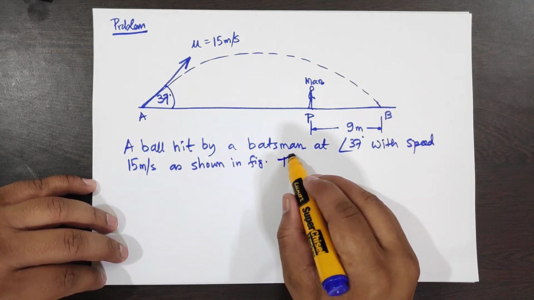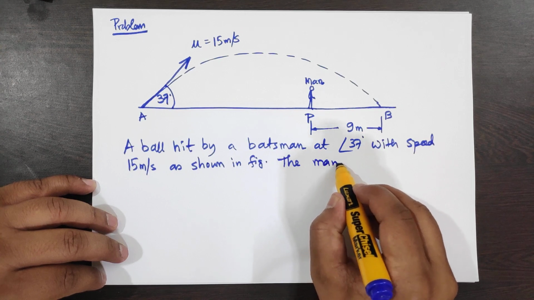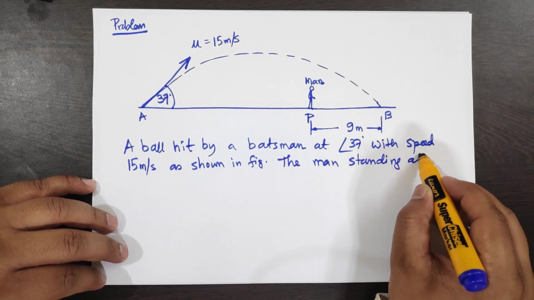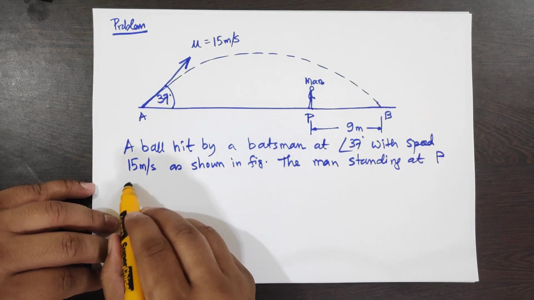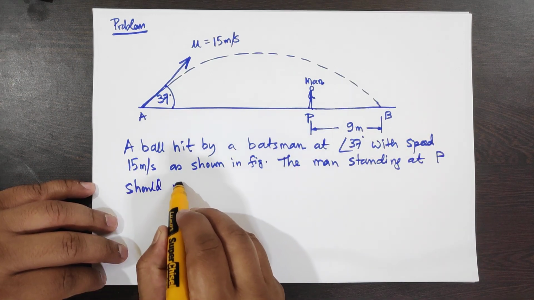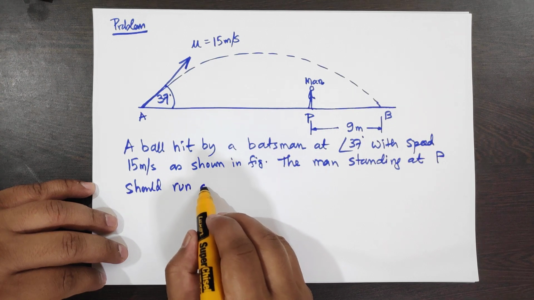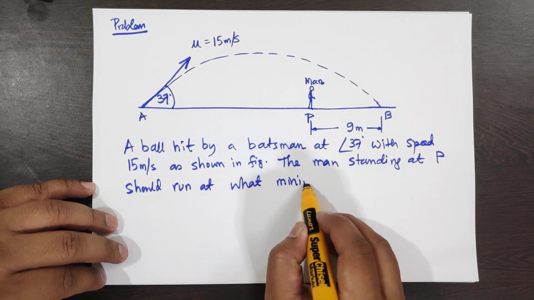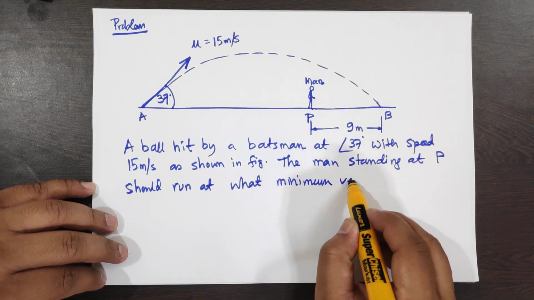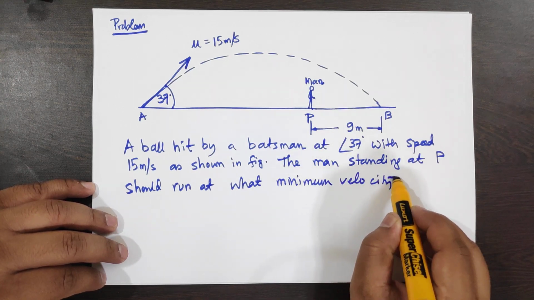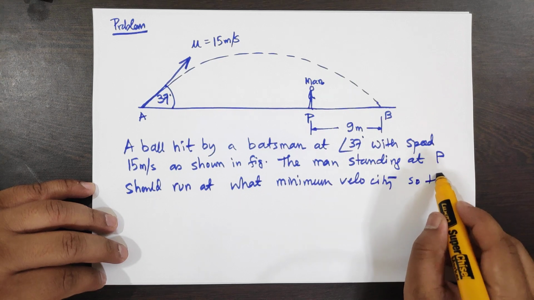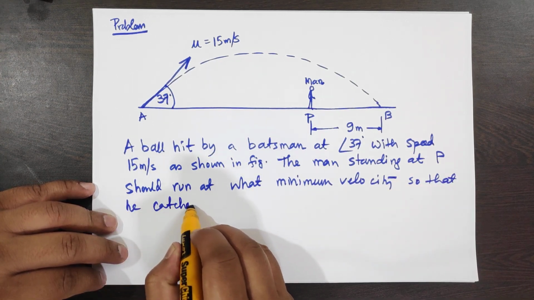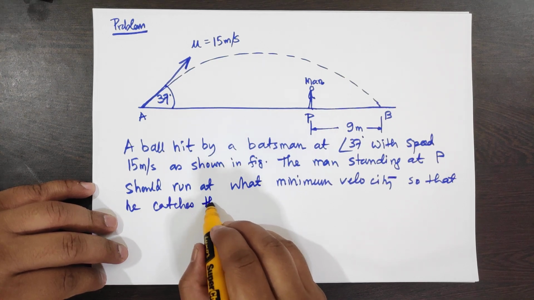Now the man standing at P should run at what minimum velocity so that he catches the ball?